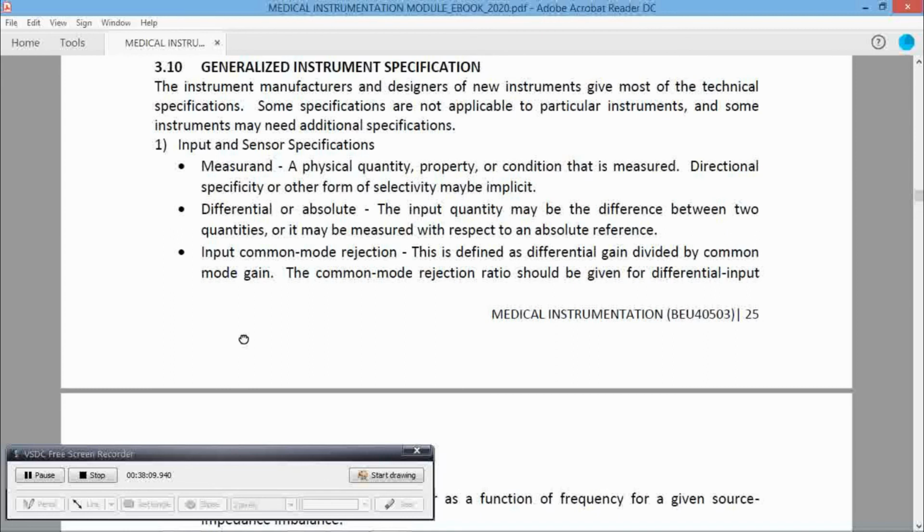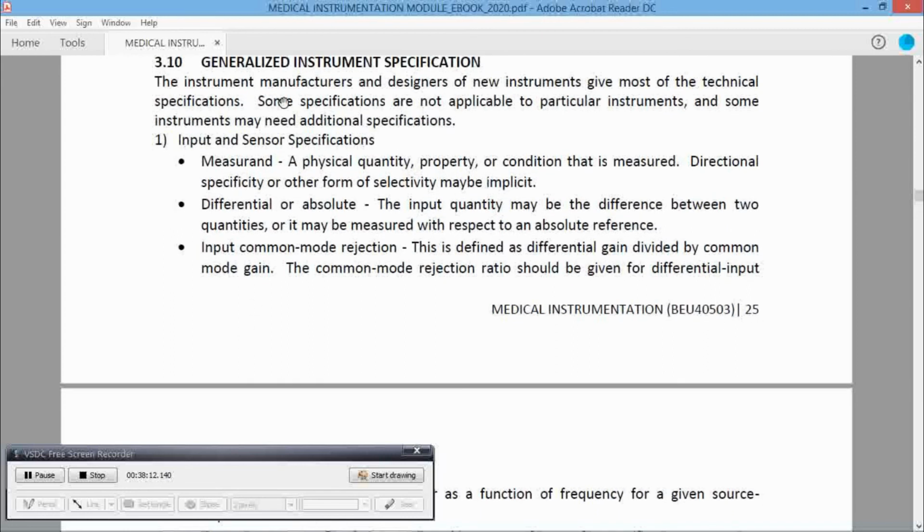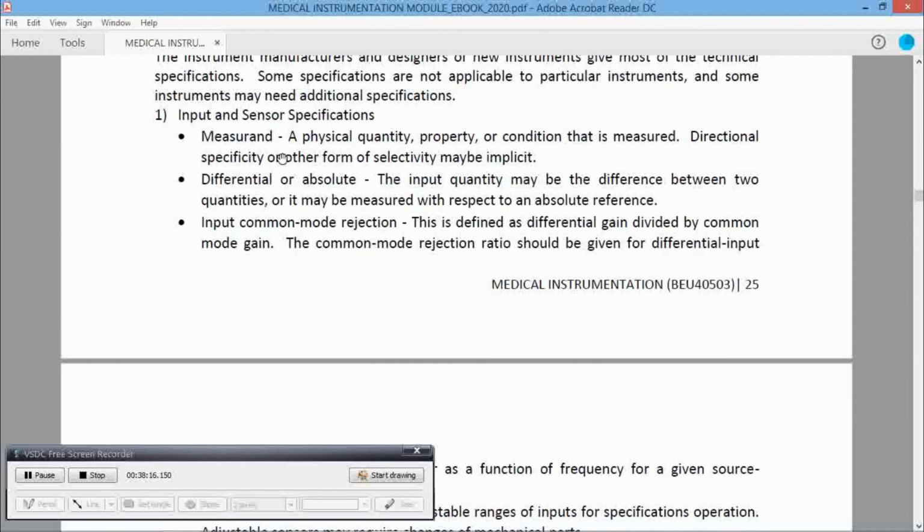Generalized instrument specification, ini kita dah tengok tadi. Some extra information: measurement, physical quantity, property. So input and sensor specification, biasanya orang tulis macam ni: measurement, differential or absolute, input common mode rejection.